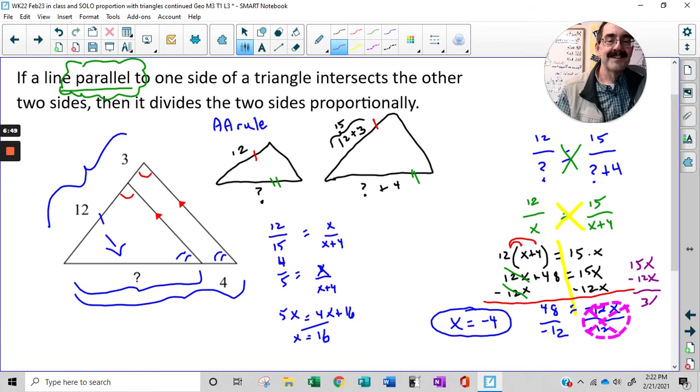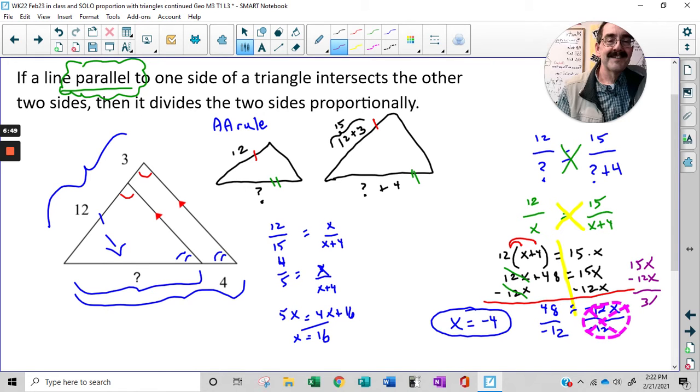Alright. Now we're going to try one more. If the line divides the two proportionally, can you say that it is parallel? Let's check. 3 times what is 24? 8. 4 times what is 32? 8.